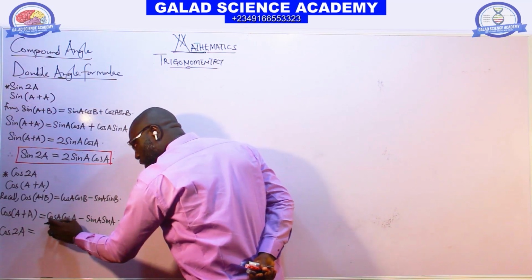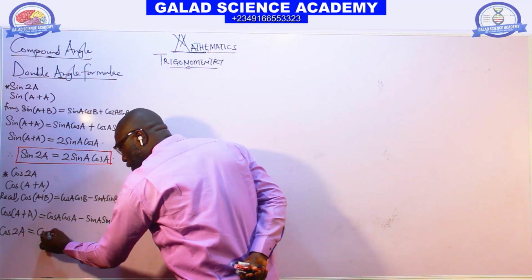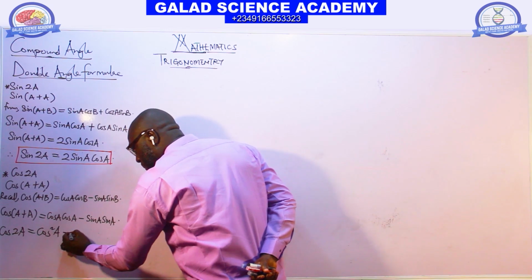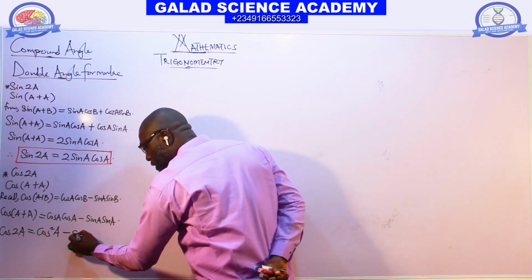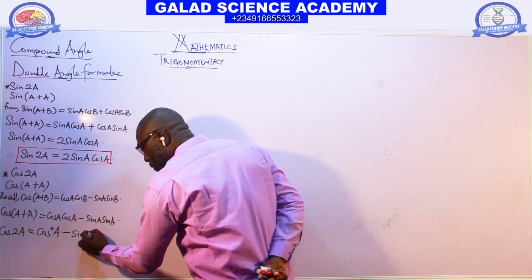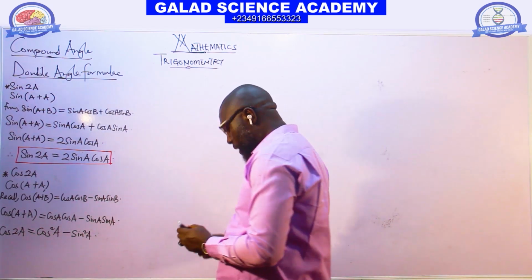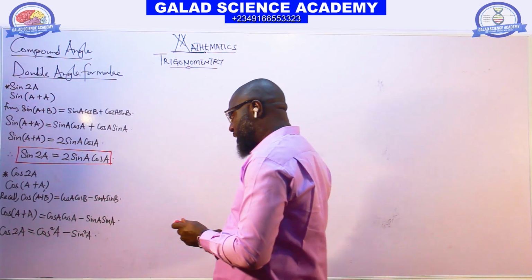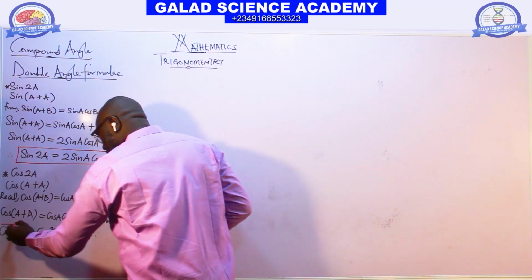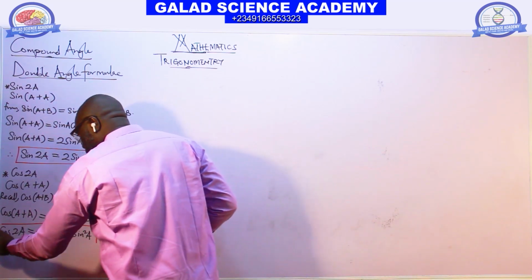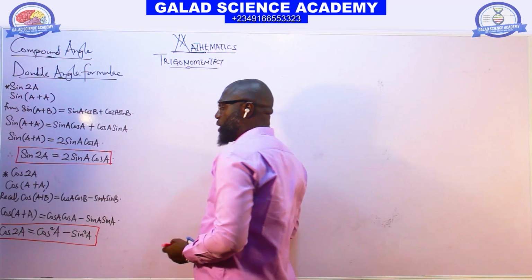It will give us cos square A minus sine square A. This is the first identity for cos 2A.